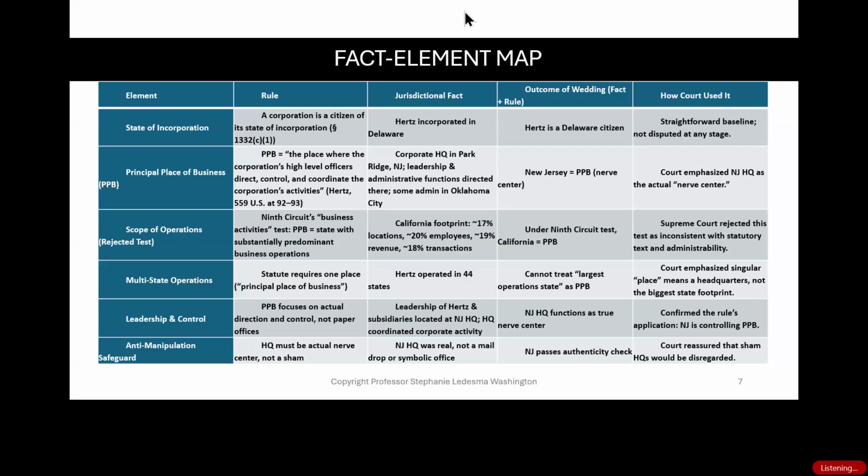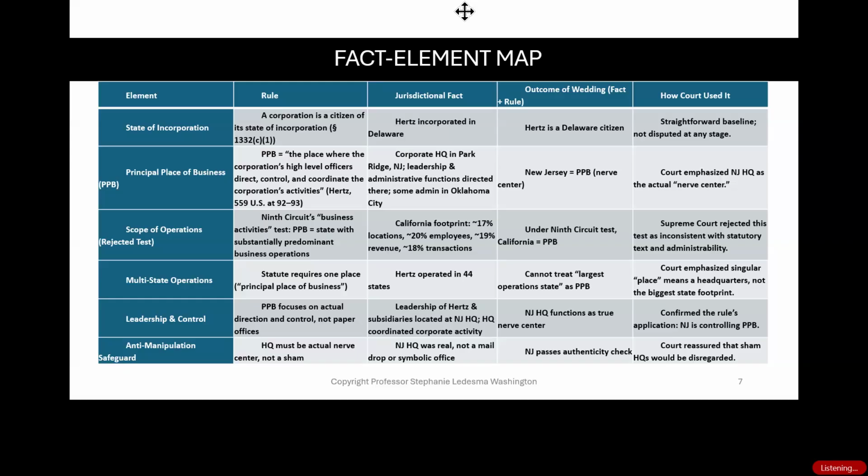Okay, what do I do with that fact? Where is it going to go? Is it going to go with the state of incorporation? No. Well, it's got to go under principal place of business. When I wed those facts with the element of the principal place of business, what am I getting? Well, I'm getting that the leadership, the direction, it's really coming out of New Jersey. Got it? All right. Fantastic.